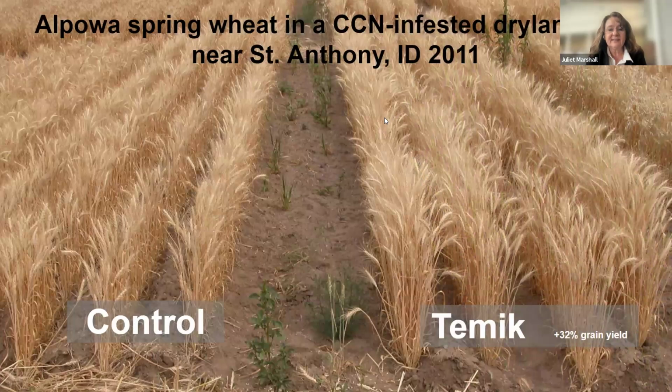So what we've seen, this is just a quick slide to show some tremendous differences in the height and tillering of the plants. This is an old slide, 2011, but we've been consistently doing work where we've seen 30% higher grain yield when you protect the plant against the cereal cyst nematode.